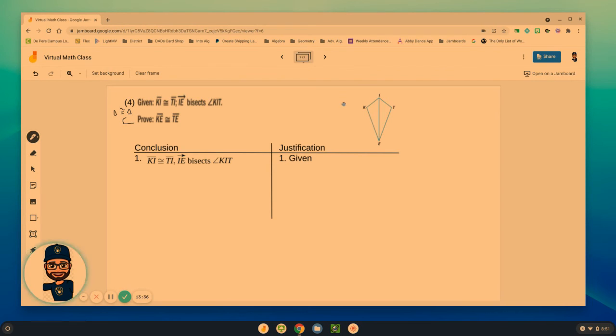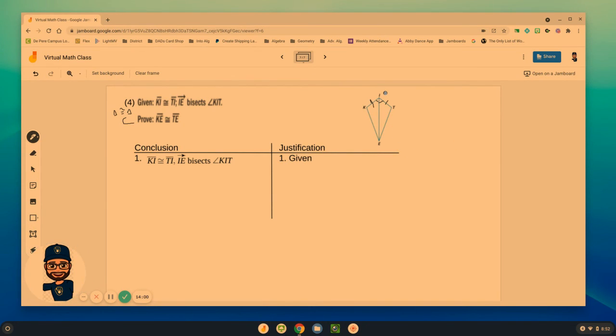So if we focus on the given, KI is congruent to TI. So this is given. And it tells us that IE bisects KIT. So this little angle up here is congruent to that little angle there. So we've got a side and an angle.